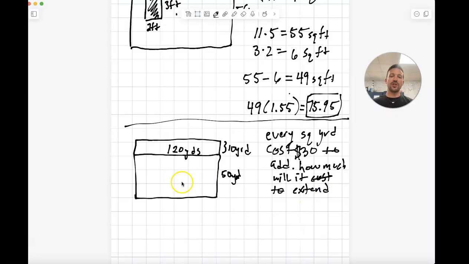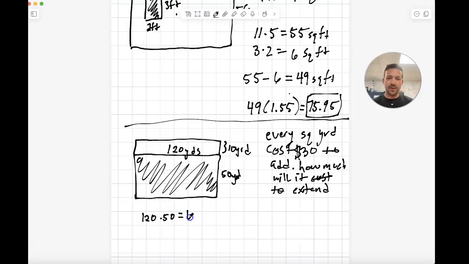The way that I would do it is, my original football field, I'll do it in shading, would be 120 times 50, which comes out to 6,000 square yards.